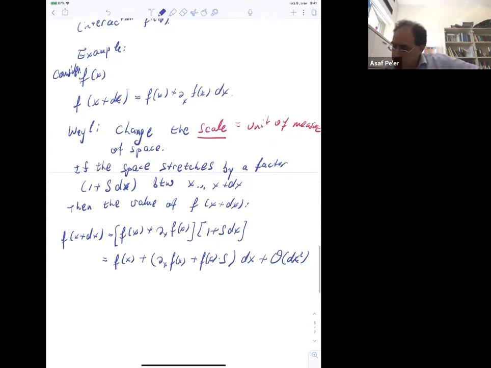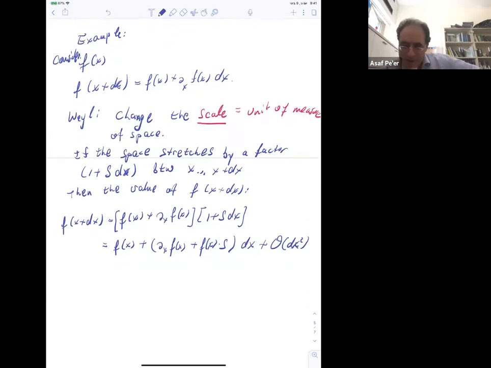So to first order, the increment of f, delta f, is now the derivative of f plus s f, times dx. See what it did here: I'm changing the function, but now I'm also changing the scale in which I'm measuring the space. Basically, I'm changing the coordinates from x to x plus dx.